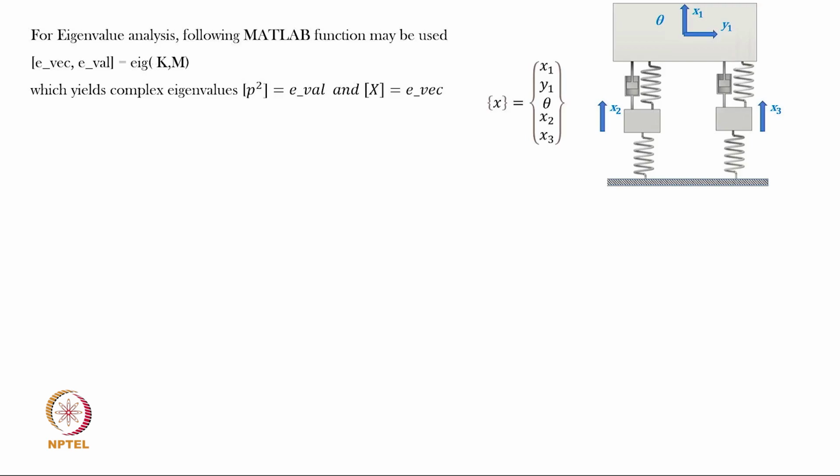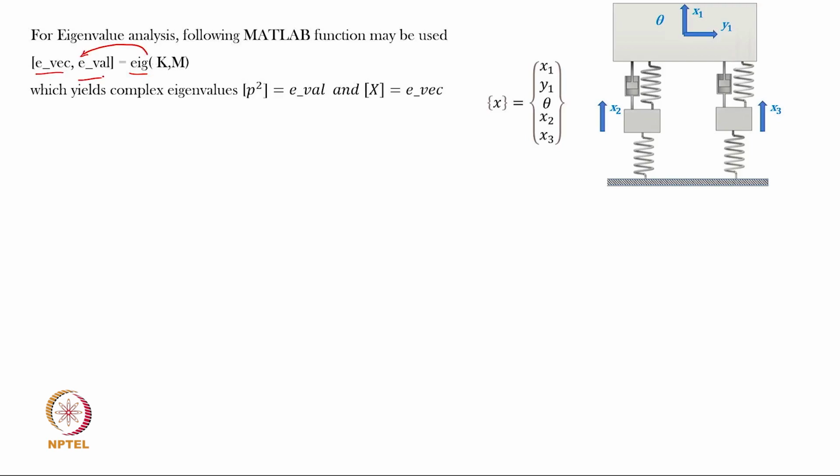So, here we would use MATLAB standard library functions, and the function that is used is EIG, that is for getting the eigenvalues, to which we give the stiffness and mass matrices as inputs, and what this function will return is the corresponding eigenvalues and eigenvectors.